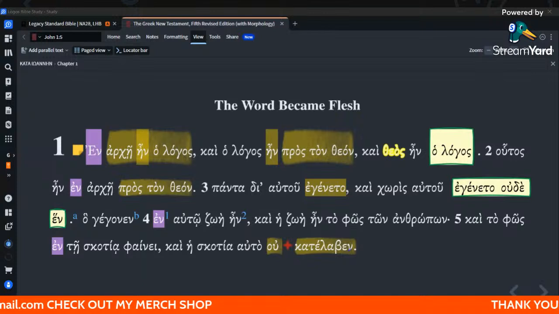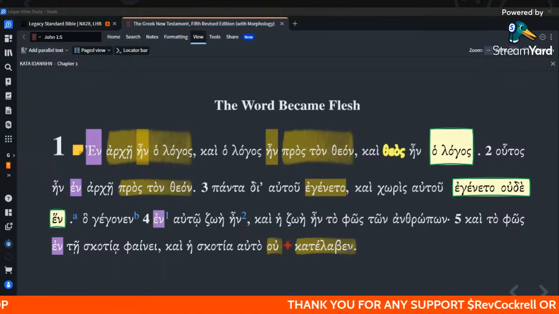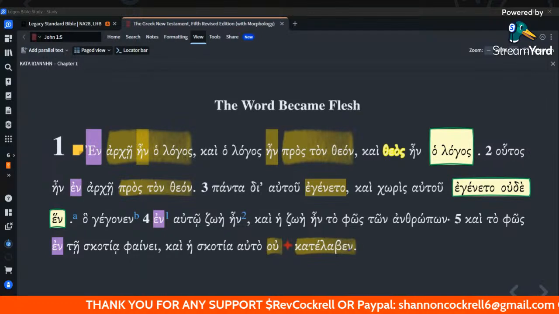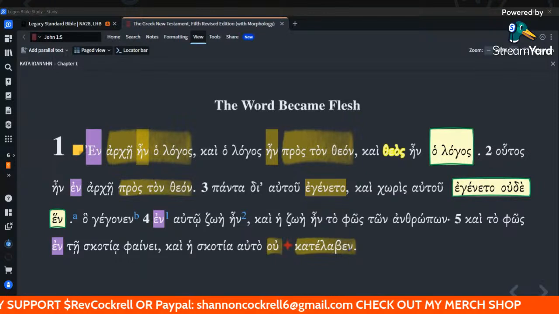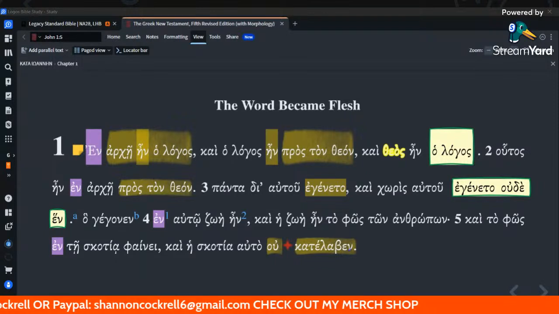Verse 4, in him was life, and the life was the light of men.